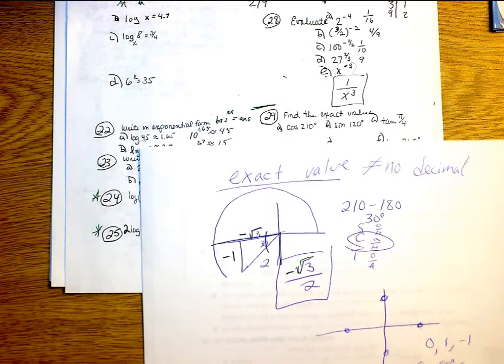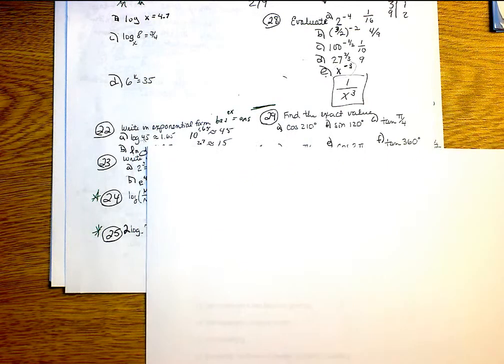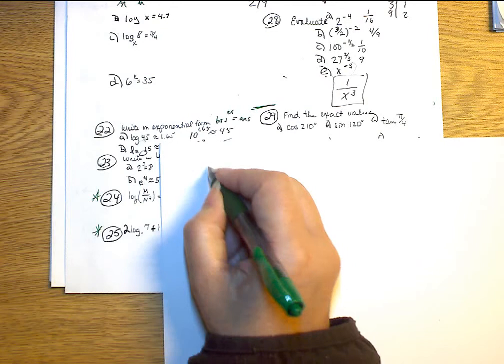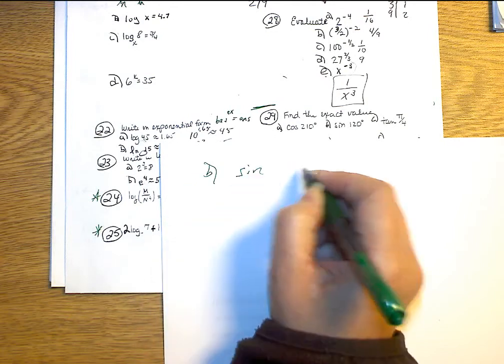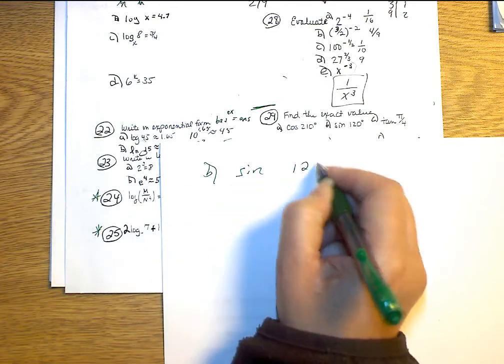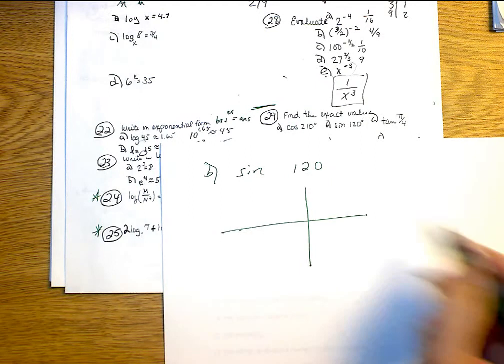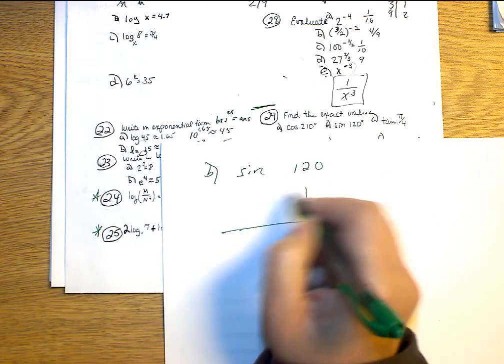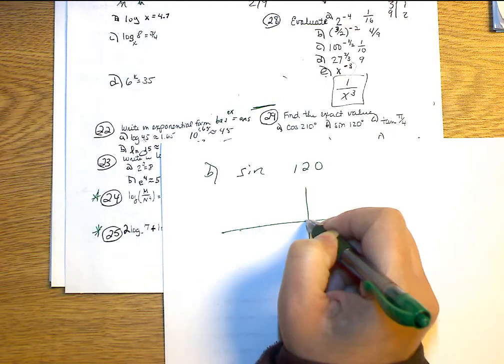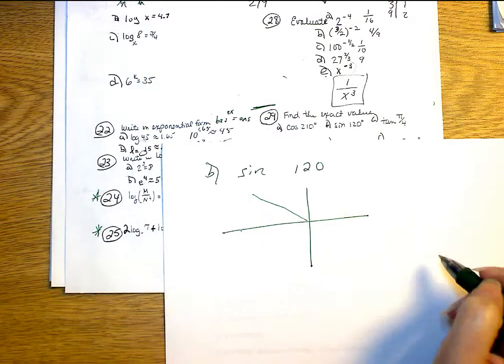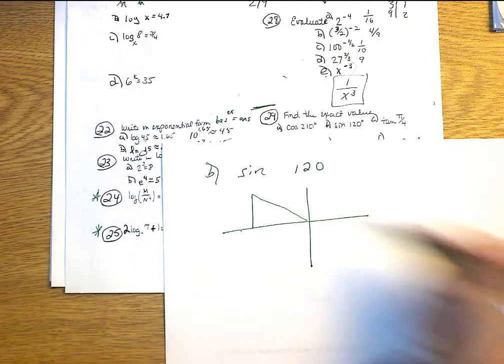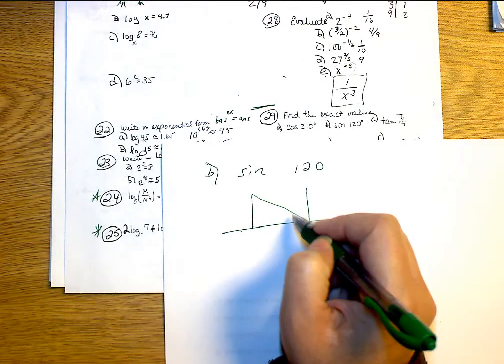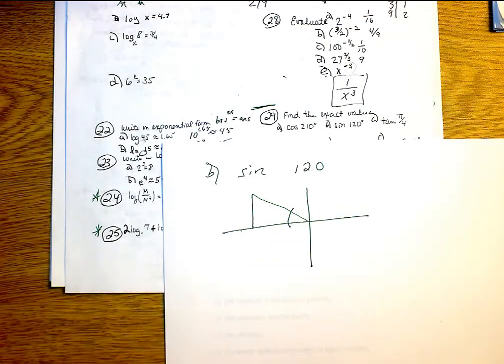Alright. B says sine of 120. So the first thing you want to do always is to make sure you get into the right quadrant. So 180 is all the way here, so 120 would be there. You always take it to your x-axis, and so we need to find out what angle that is.